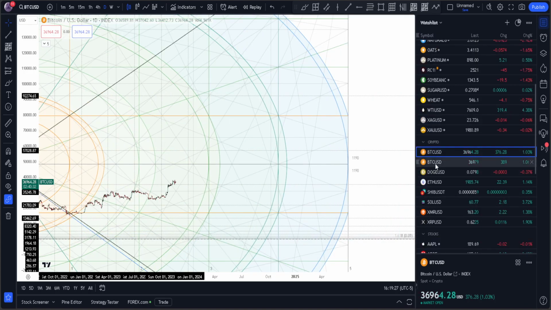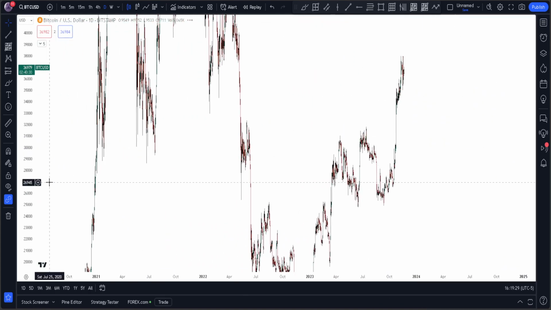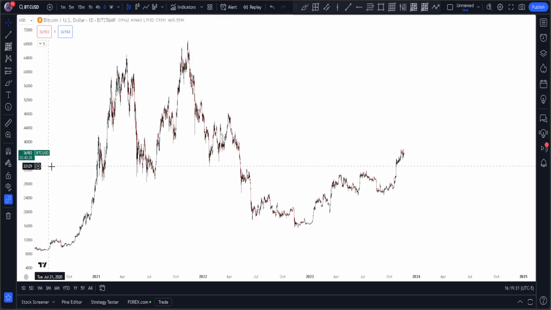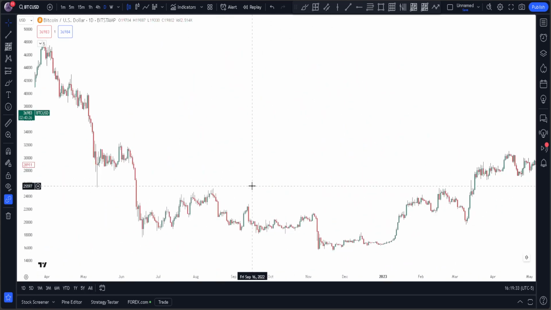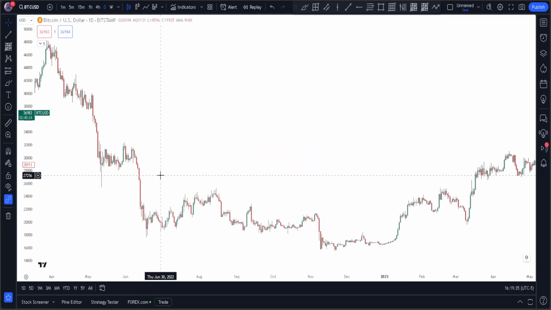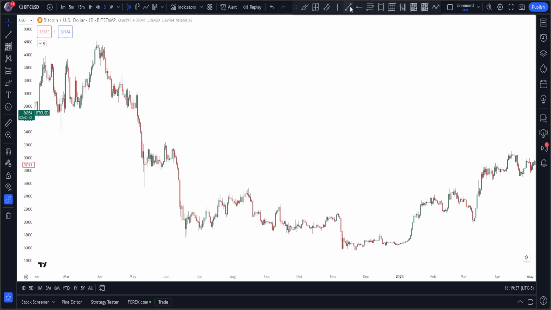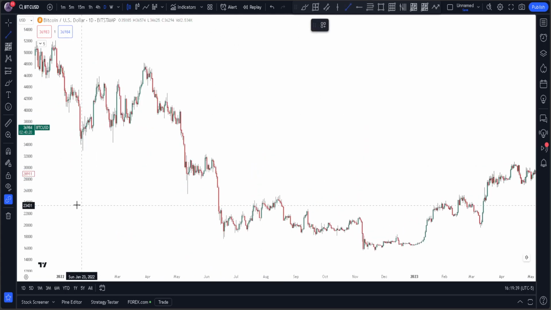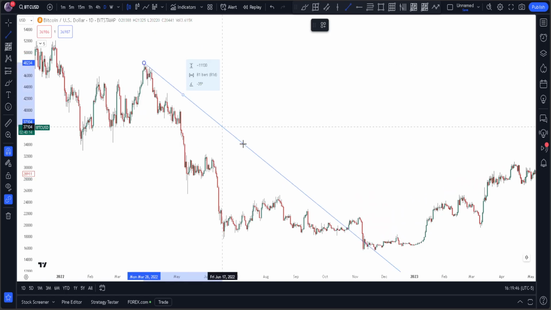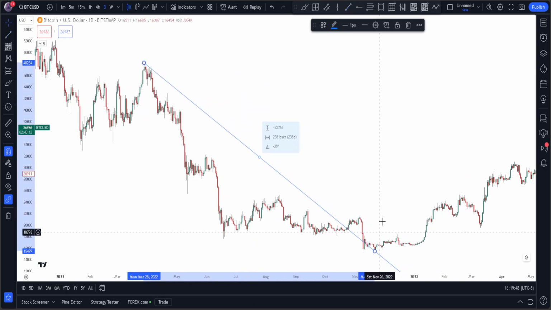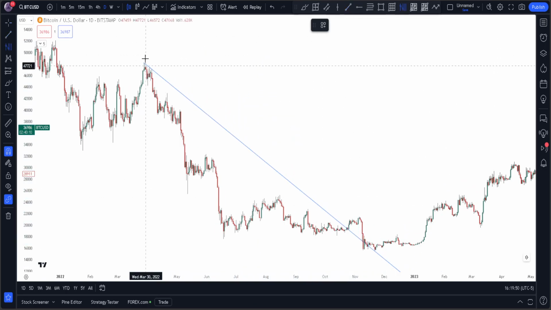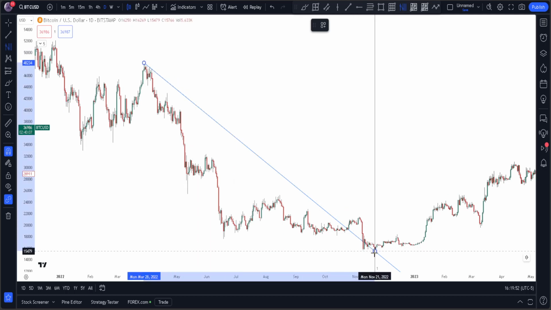But just to show that this is not completely random, I'm just going to jump over to my other Bitcoin chart. And from here, it is the January to January. This is the high of 2022 to the low, and it also happens to be the March to March, or the astronomical year, high or low.